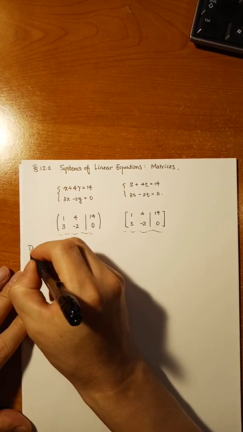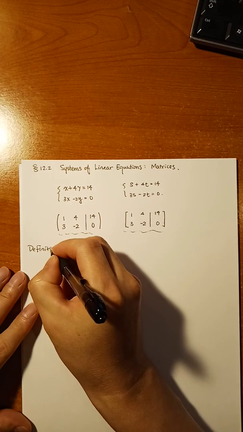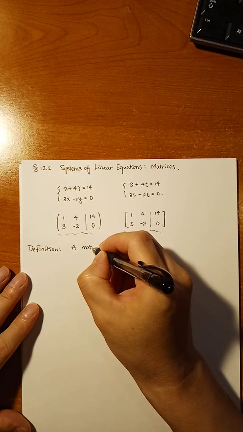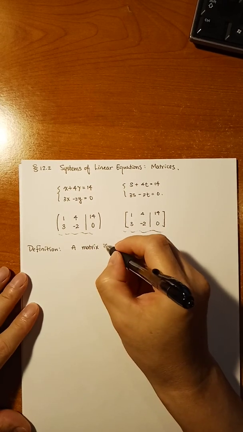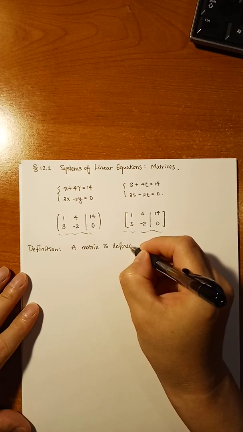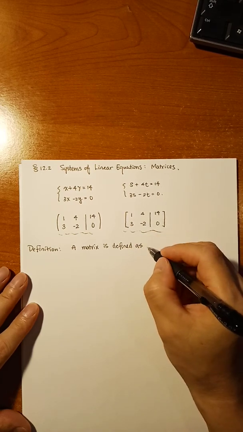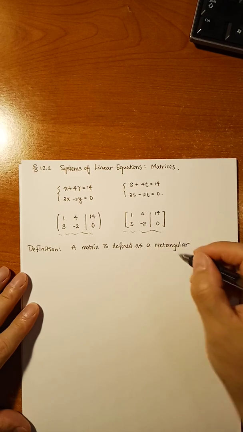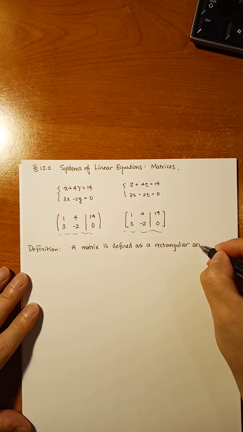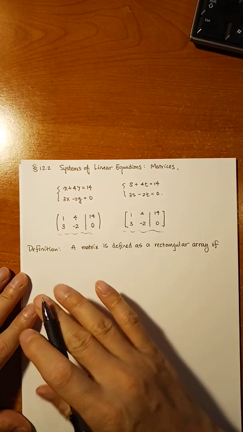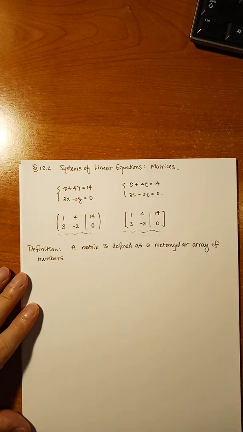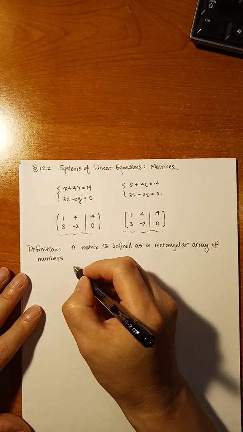So let's see the definition. A matrix is defined as a rectangular array of numbers. So they are all numbers. And once you have an array, they are placed in a certain order.